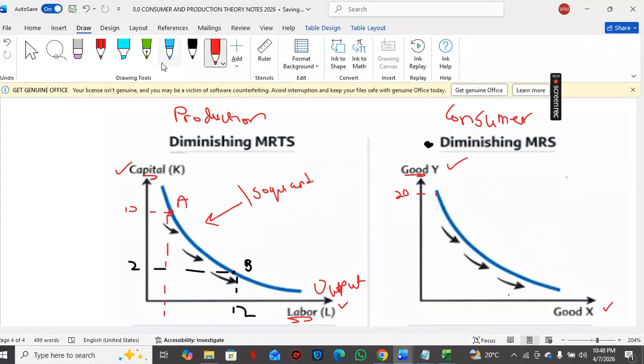So actually let me do the diminishing marginal rate of technical substitution, because there's already a video for that one. The diminishing marginal rate of technical substitution means you're giving up less capital to get more workers. Giving up less capital to get more workers.